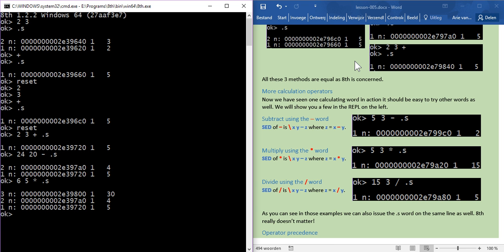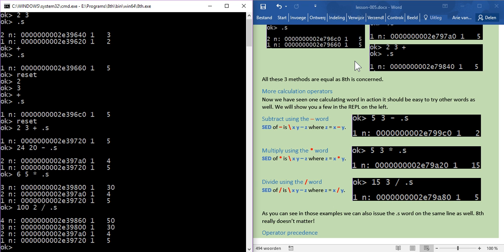But that's no problem. In the same way we can do a divide. For example 100 divided by 2 equals 50. Right, it's at the top of the stack. And the other values are still on the stack, but that's no problem.